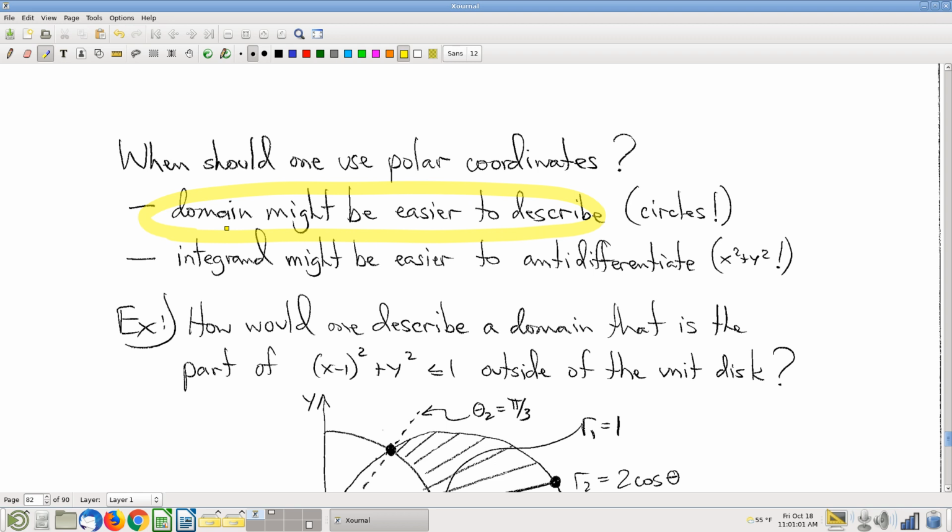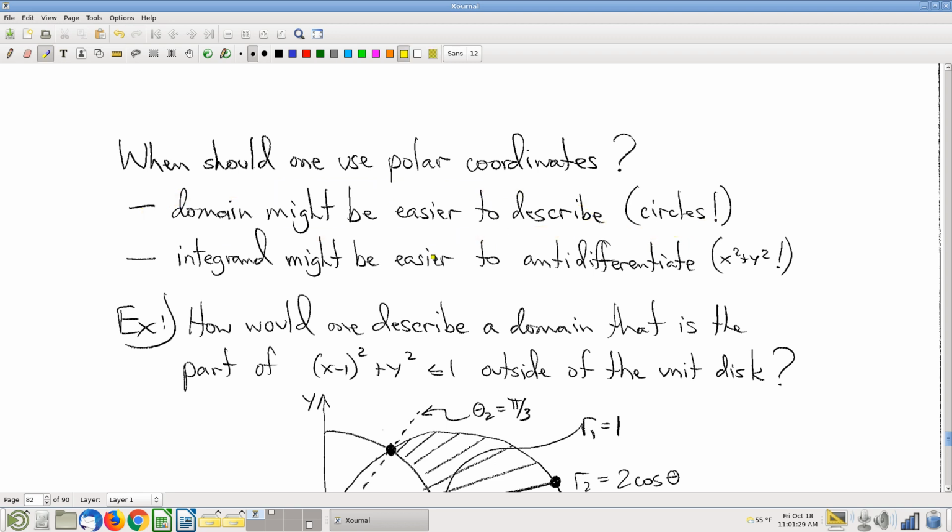We've seen that in several examples that we've written down. My domain's easier to describe because I get to describe it without using square roots, which I hate as bounds, right? They're super annoying. Look for circles. It's just easy to note that the equation of a circle is often, not always, but often easier in polar coordinates. No square roots, usually.